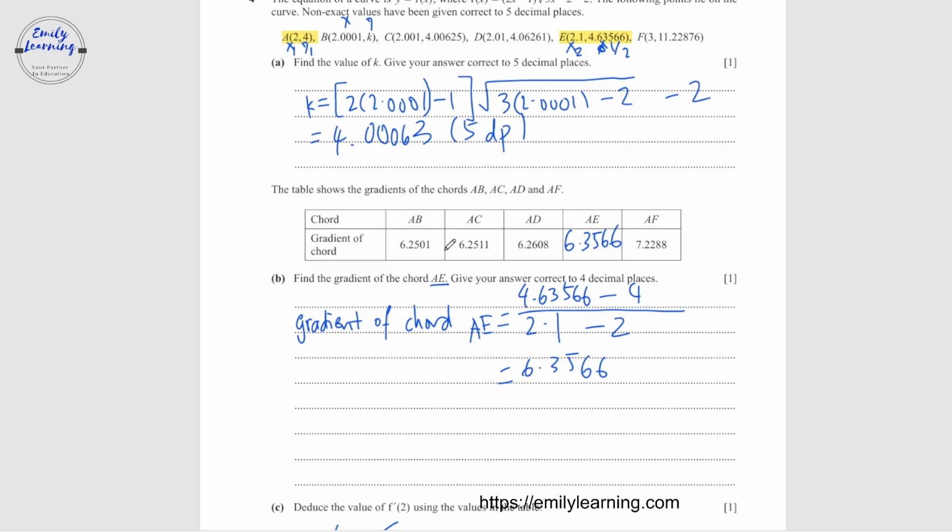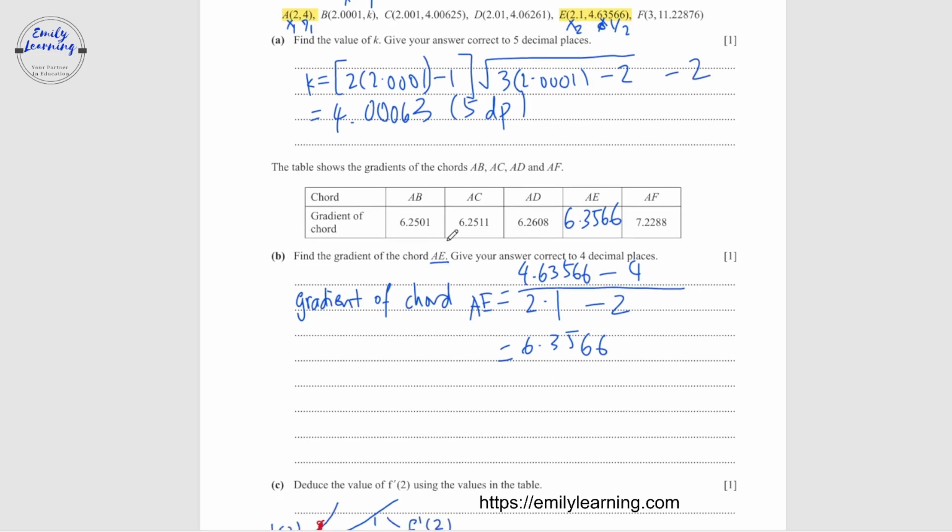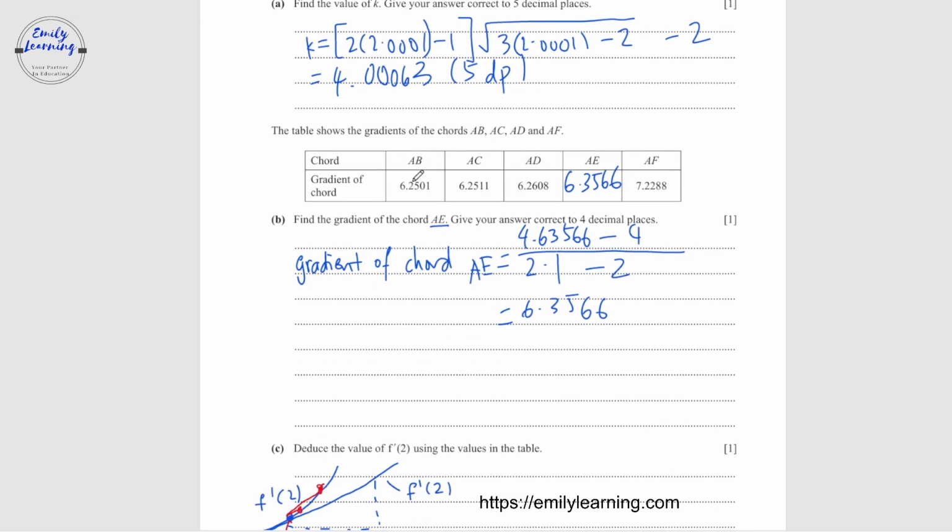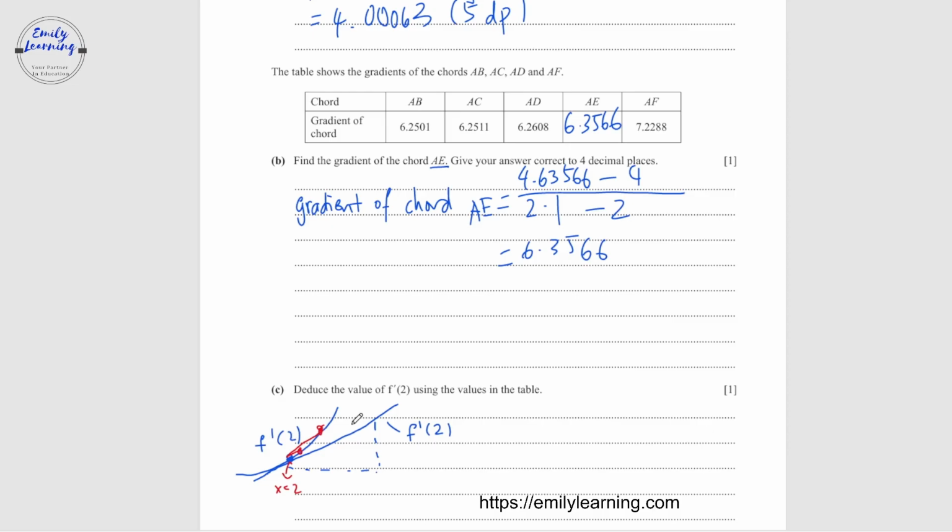So if I were to choose any of the values here to estimate the gradient, I would definitely use the chord AB to estimate the gradient of the tangent at x equals 2, or at point A. Okay, and it should be close to this. Then another thing to note is you notice that these values here are increasing, right? As you go further and further away from the point.